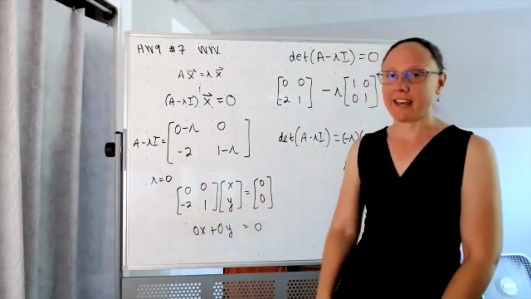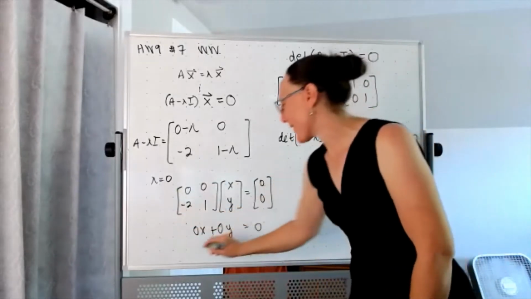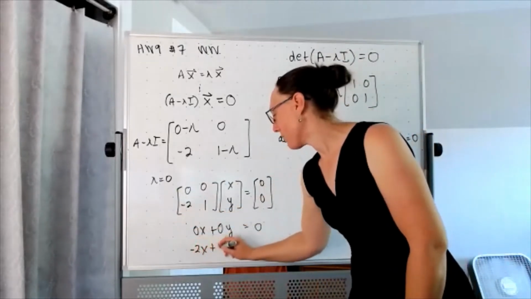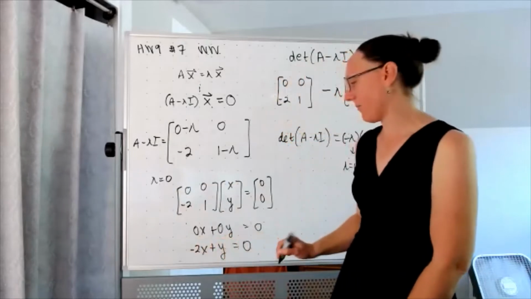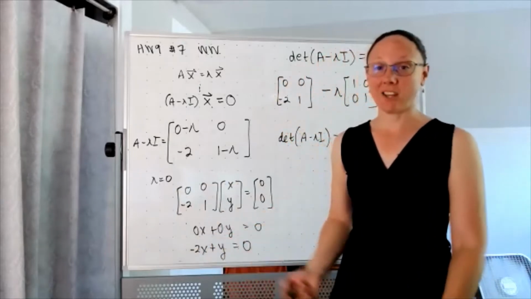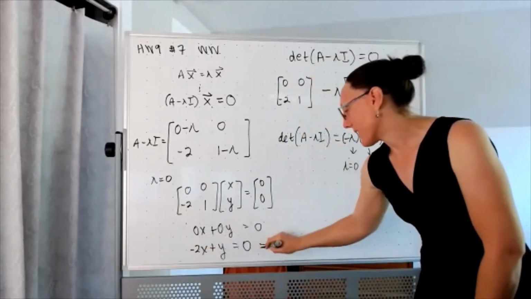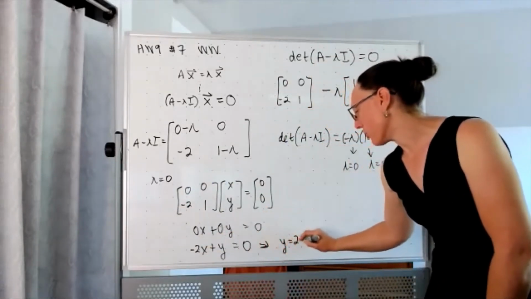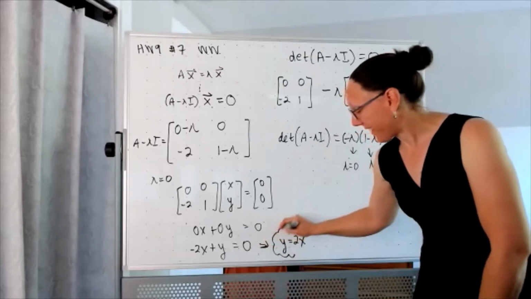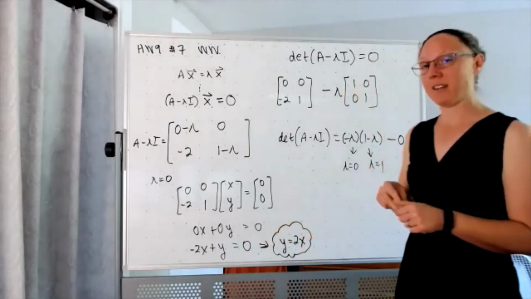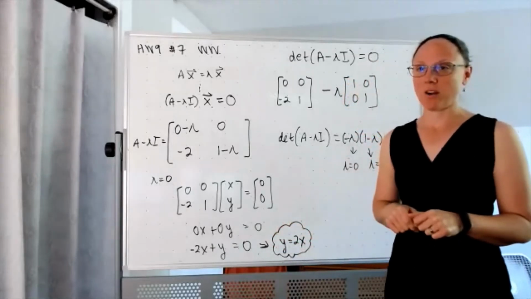So we have to look at the second row. And the second row tells us negative 2x plus y equals 0. And this right here is the equation of our eigenline. When we rearrange that, we get y equals 2x. So that right there is the equation of the line that the question is asking us for.